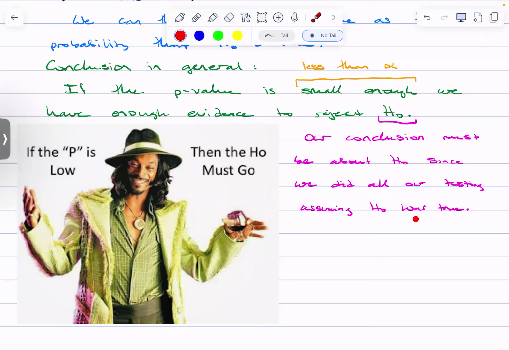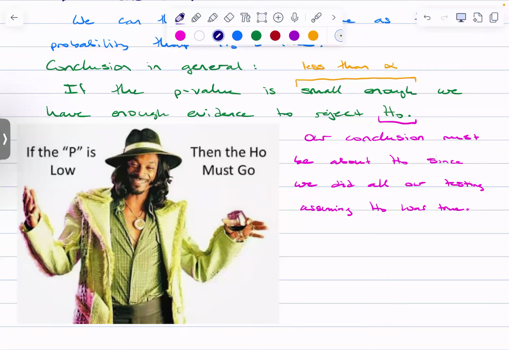Unless it didn't make sense, I didn't take any marks off. But you always want to be talking about your H naught, your null hypothesis. Your quizzes are here, but you can grab them after class.